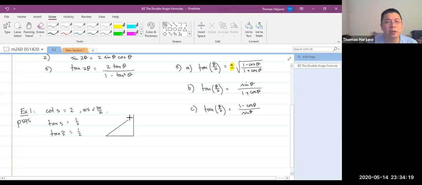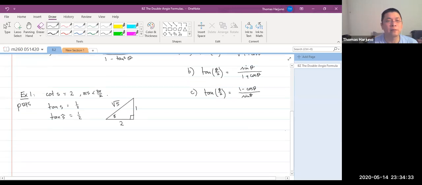I purposely get the reference angle to help me with the right triangle. Tangent of that S hat here is 1/2, so this is square root of 5. Okay. Now from there we see sine S hat will be 1 over radical 5.